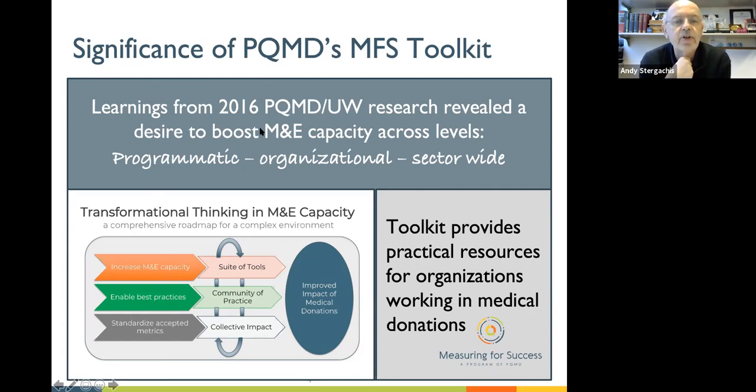This led to the evolution of our thinking collectively as a committee, K&I and its predecessor committee, with respect to what might be needed to further strengthen monitoring and evaluation of medical donation programs.